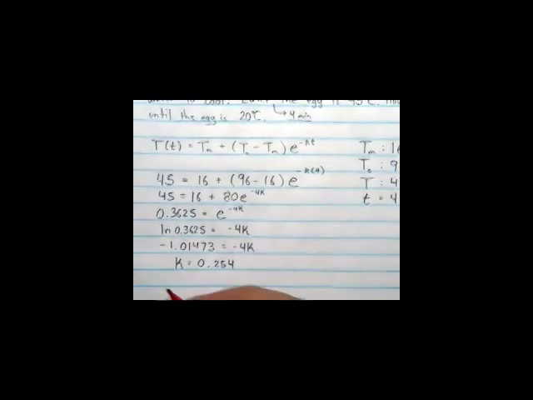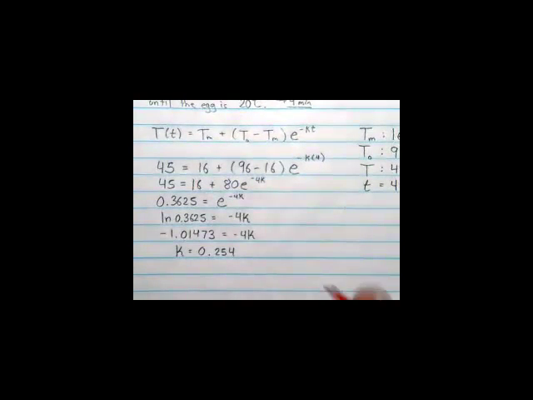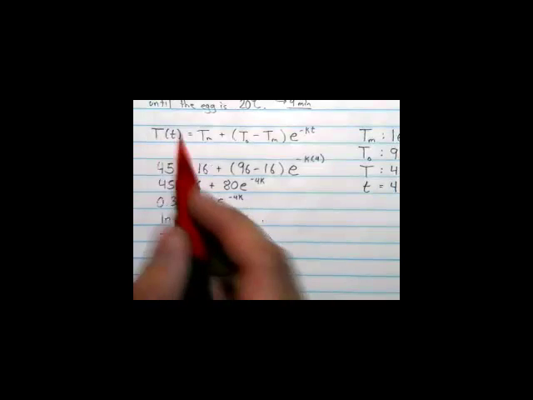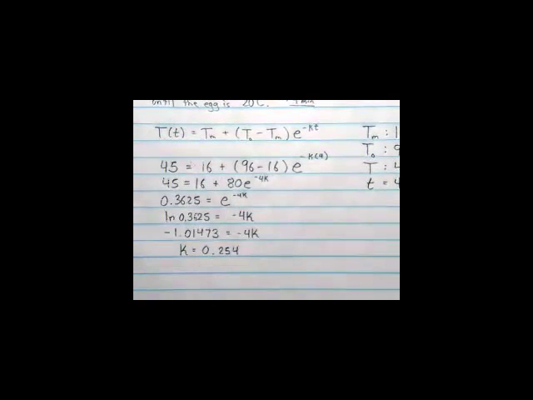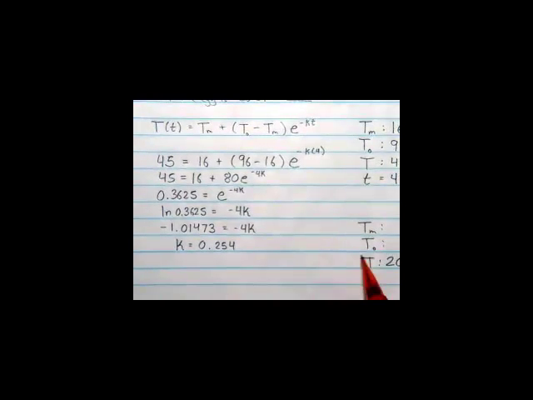So this new equation then, my new temperature is going to be what? 20. Okay, so I'm going to do the same little list like I did before. So that's going to be 20. The initial temperature of the egg now, 45.